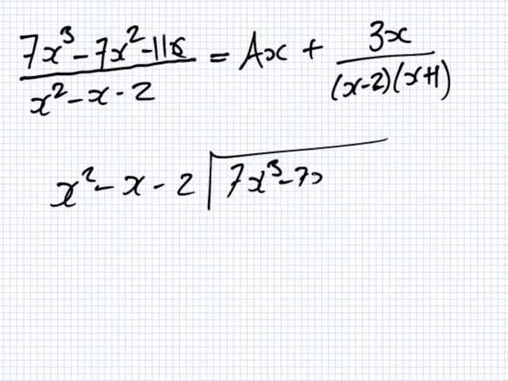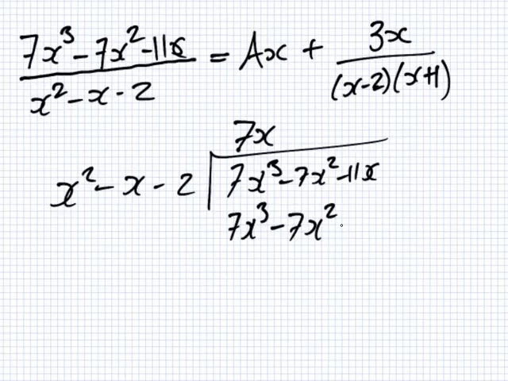This is what you did, yeah? So what's first? 7x. So here you have 7x cubed minus 7x squared minus 14x. So when you take away, you have 3x.